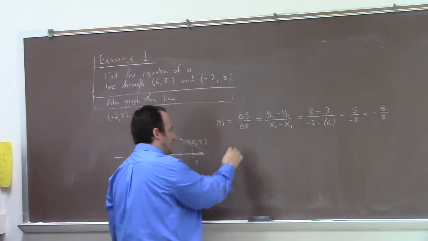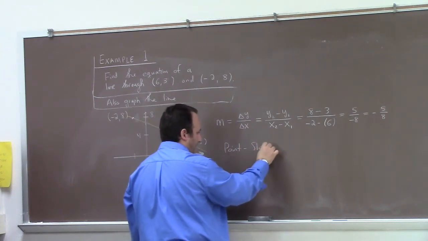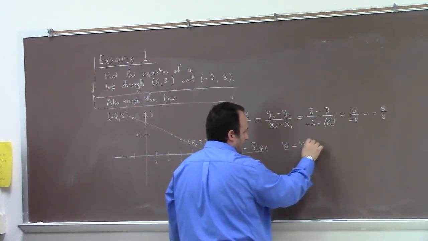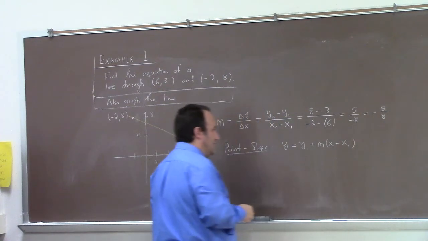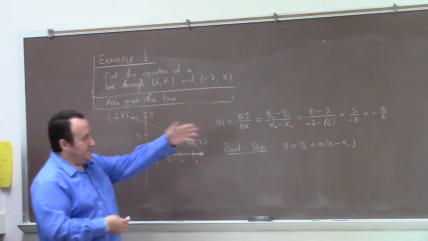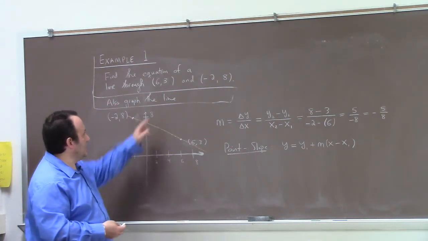And then I use point slope. Point slope says you can write the equation as y equals y1 plus m times x minus x1. If you know the slope and you know a point, this is the point slope formula for a line. And I do know the slope, and I know 2 points. I can pick whichever one I like. Which one do you want me to use? I'll use this one.